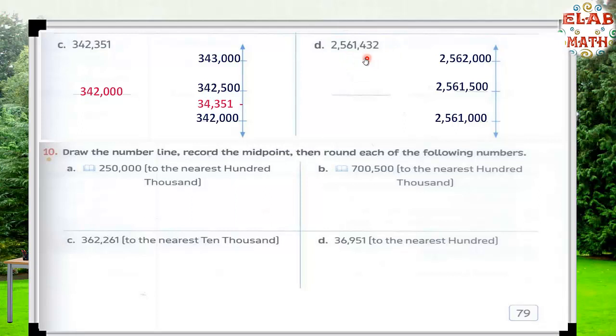Your number here, we have in the hundreds place 4, and here we have 5. 4 is less than 5, that means your number is here in this place. To round, we will round down to write 2,561, like this.